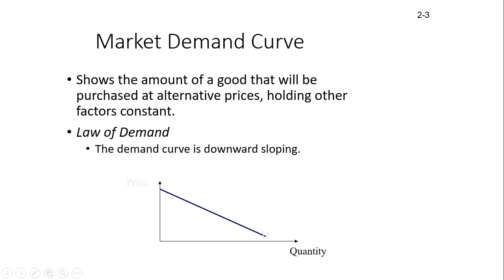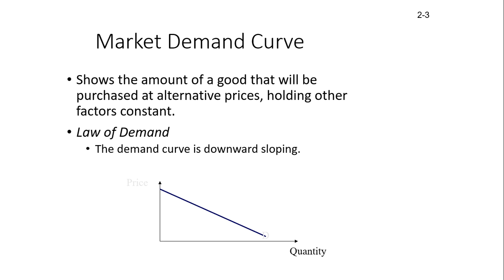The demand curve is downward sloping because of what we call the law of demand. The law of demand basically states that given any market setup, there is a negative relationship between price and demand.